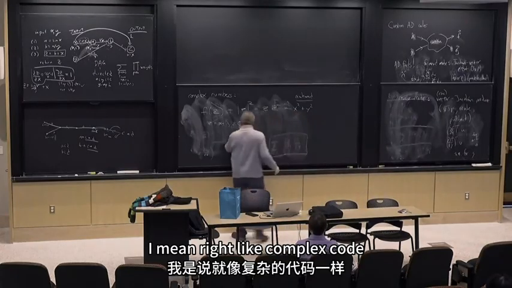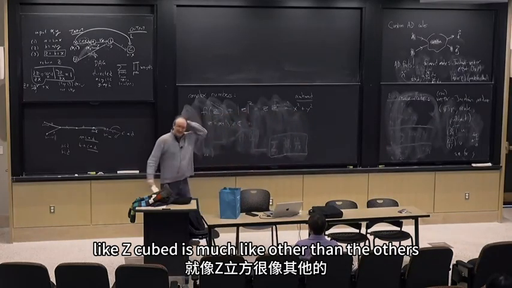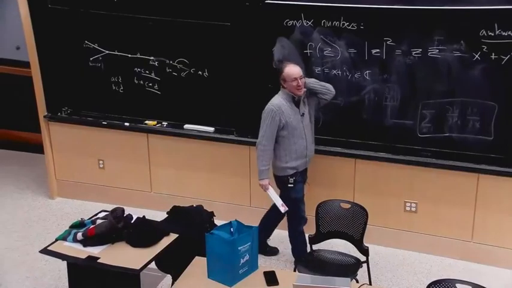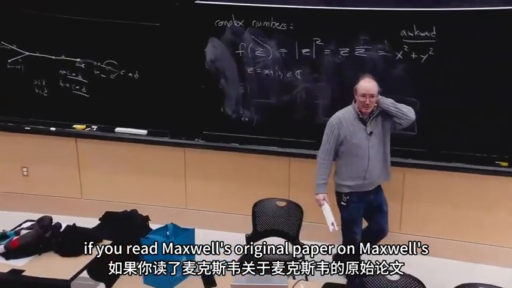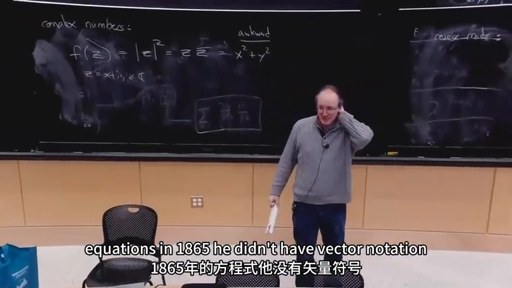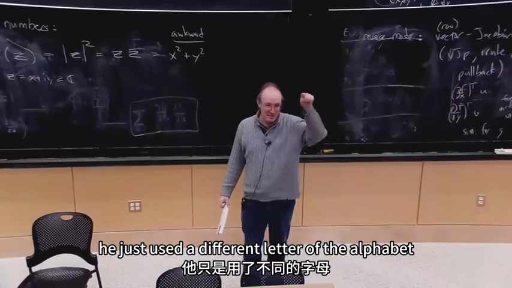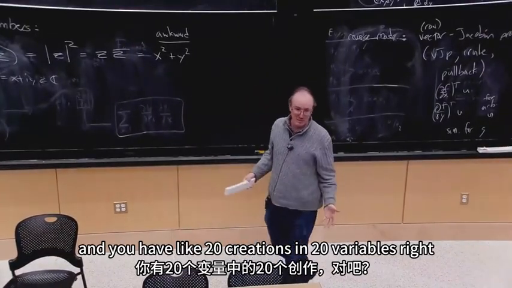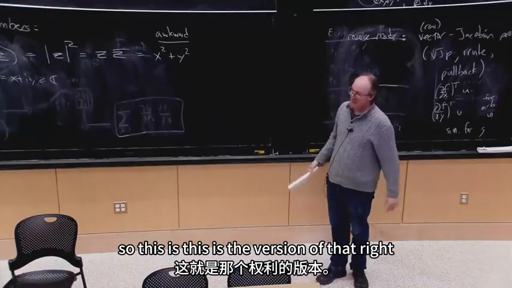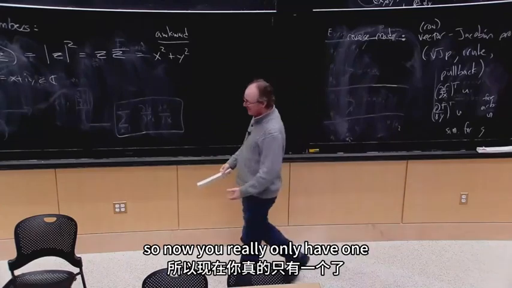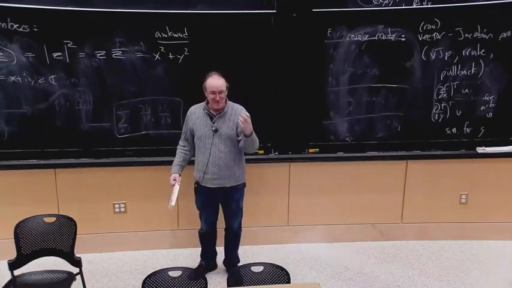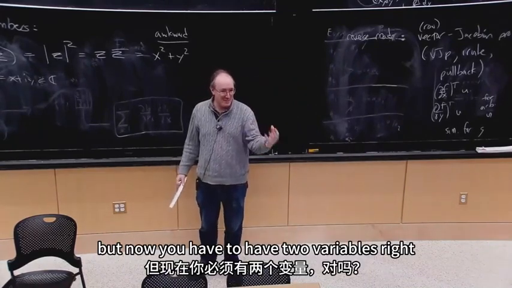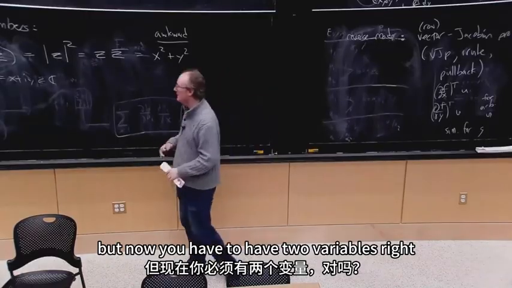If you read Maxwell's original paper on Maxwell's equations in 1865, he didn't have vector notation. He just used a different letter of the alphabet for every component of every field, and you have like 20 equations and 20 variables. So this is a version of that. Now you really only have one quantity that's complex, but you have to have two variables.